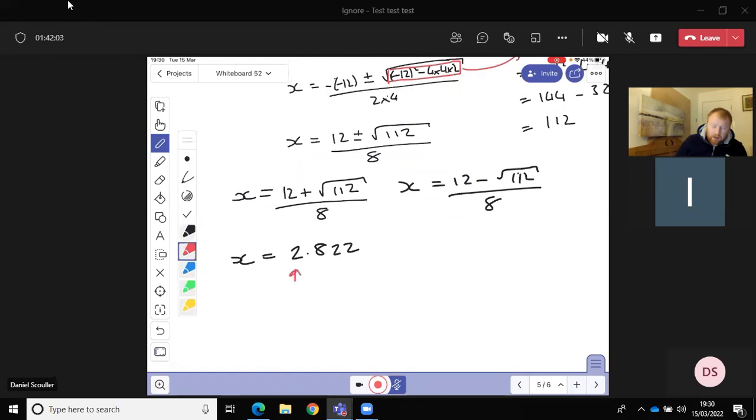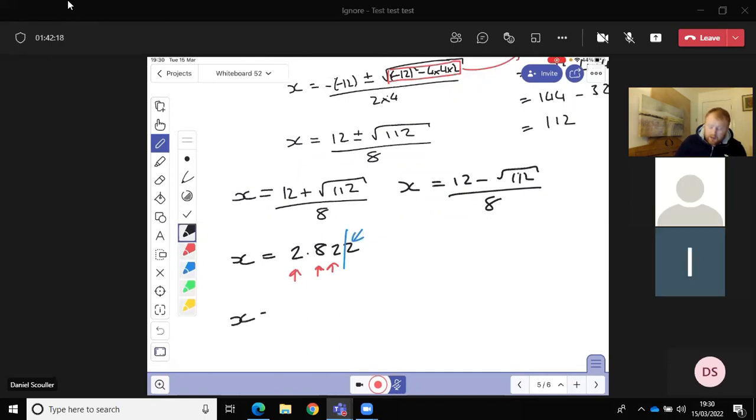So that's your first significant figure, second and third significant figure. Do we need to round that third figure up? Nope, that one's below the number 5. So your first x term is 2.82.